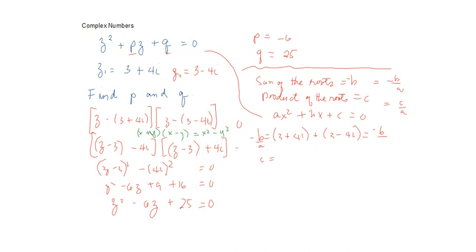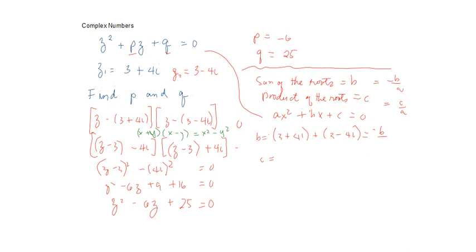Let me correct my mistake, sorry. So the sum of the roots equals the middle term, which is negative b over a. So we still have here our b, okay, b equals negative 6.